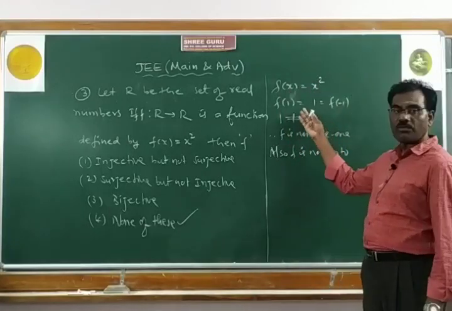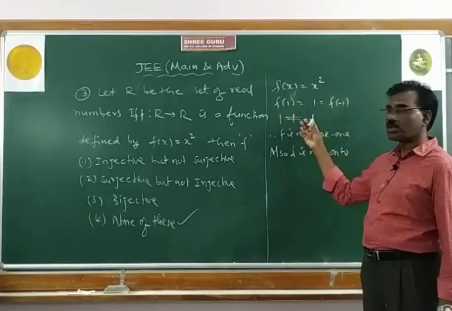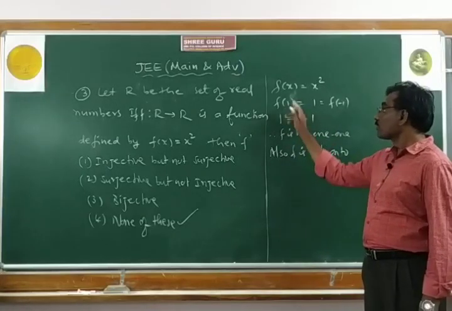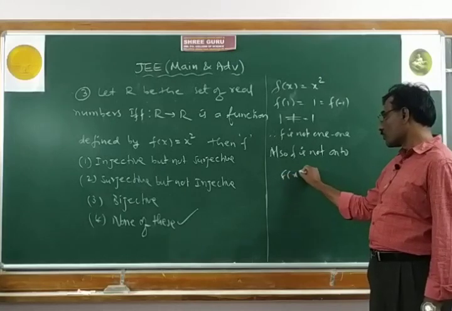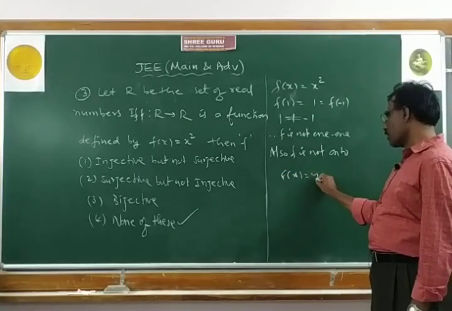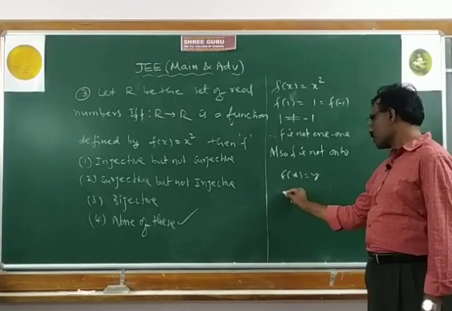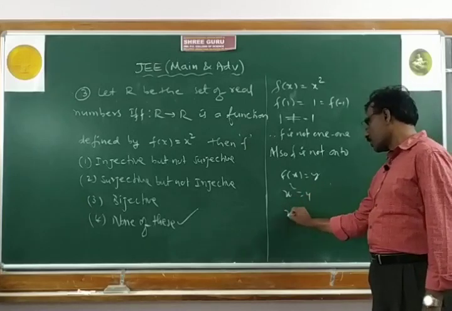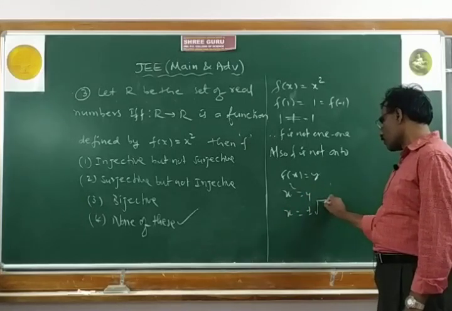This is okay. f of 1 is f of minus 1, both are the same, 1 is not equal to minus 1, so f is not one-one. Even if you take onto, f of x is equal to x square. Okay, f of x is y. This is the onto formula. So y is equal to x square, what is x? Plus or minus root y.